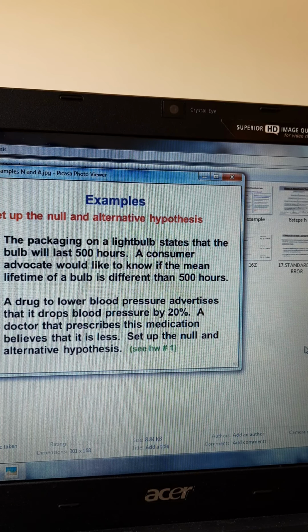So what are you doing? You are testing. The consumer advocate would know whether the mean of the tube lights that they have got is equivalent to what is written on top of the package.